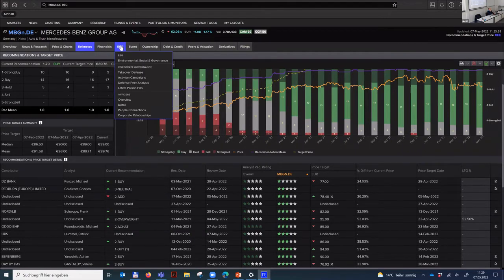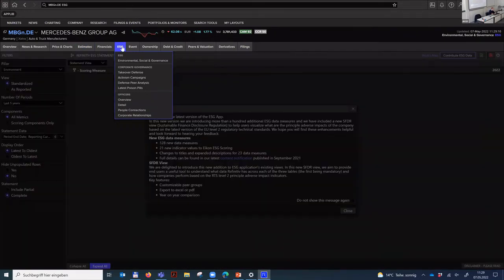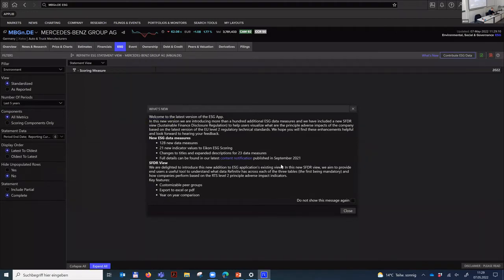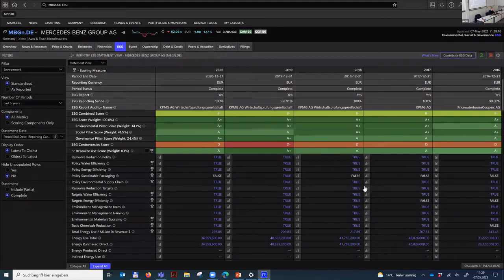Let's move forward to ESG, corporation-wise. So if you press on ESG for the statement, it will give you finally an overview of the most relevant information regarding ESG.